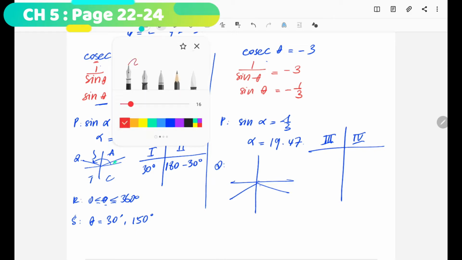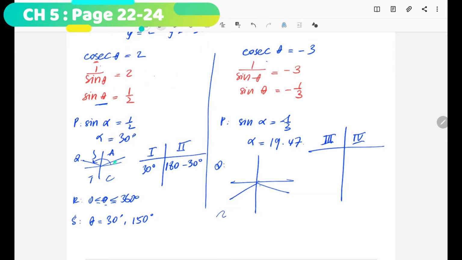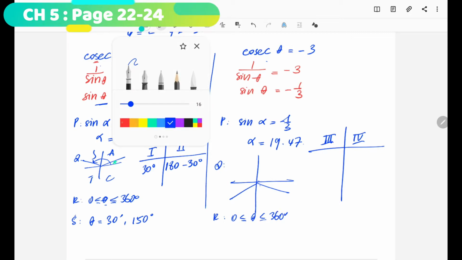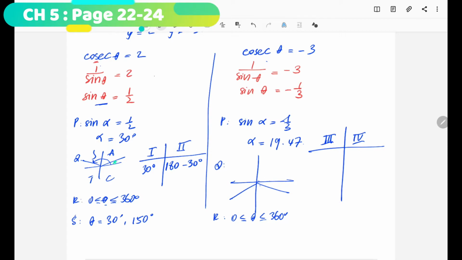Okay, now we go untuk putar dekat sini. Before that, we'll see the range. Okay, range kekal sama. Kosong theta 360 degrees. Alright, so kita akan start pusing from here until the third quadrant. So it will be 180 plus 19.47.